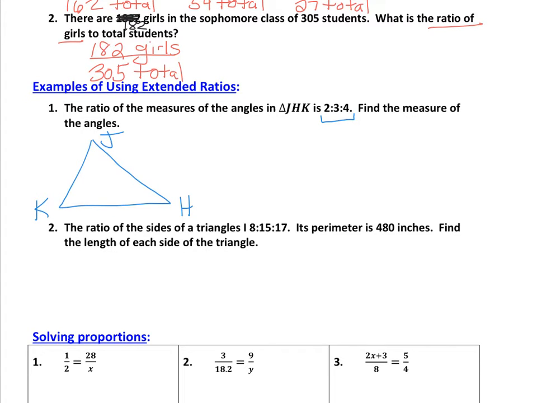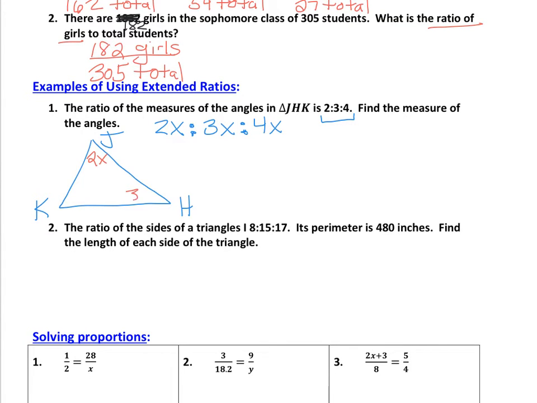We could do a lot of guessing and checking, but the way to do it algebraically very quickly is to say we don't know what the angles are, but one angle is 2x, the next is 3x, and 4x. Now I haven't changed those ratios at all. 2x divided by 3x is still 2 to 3, and 3x divided by 4x is still 3 to 4. We haven't changed anything by adding that unknown. We're still in that same ratio.